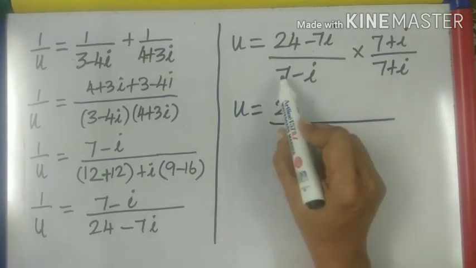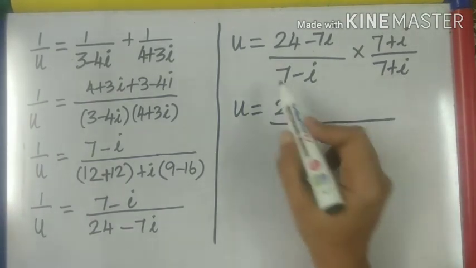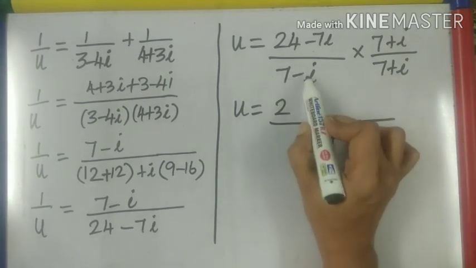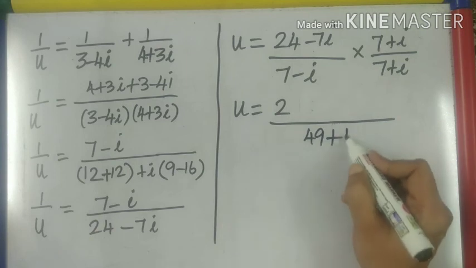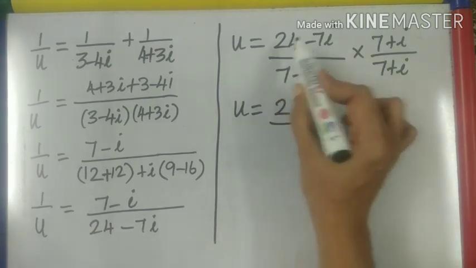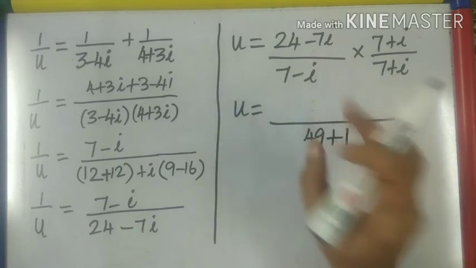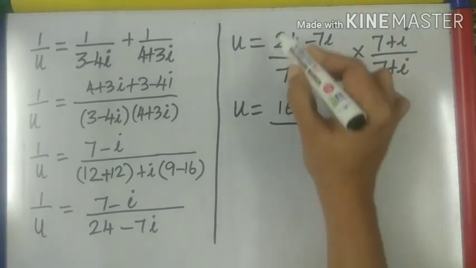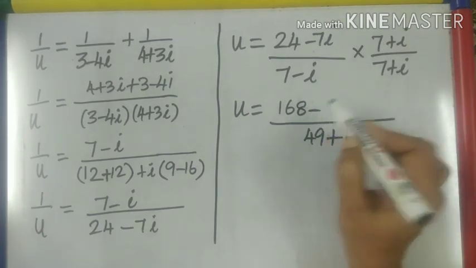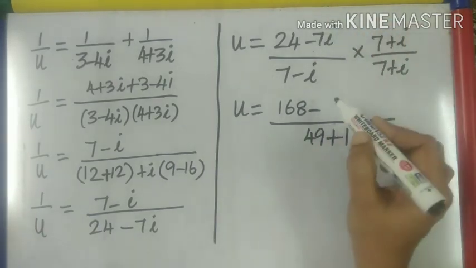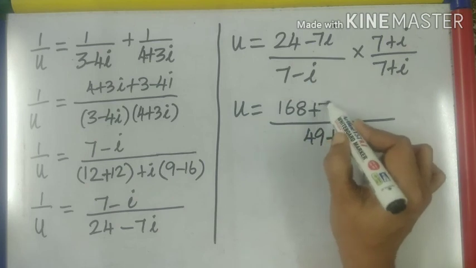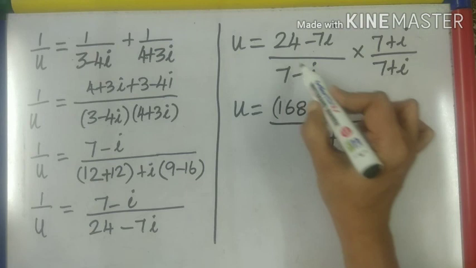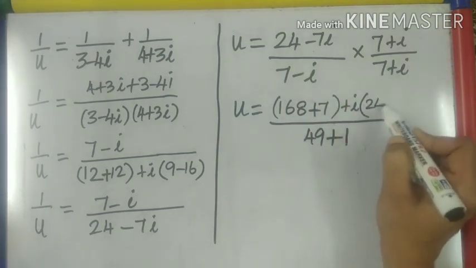denominator, square plus square. So 7 square is 49 plus no number means 1. 1 square is 1. Now multiply. 24 into 7, 168. Real and real minus imaginary and imaginary. Already 1 minus 7, so it is plus. i into real and imaginary, 24.